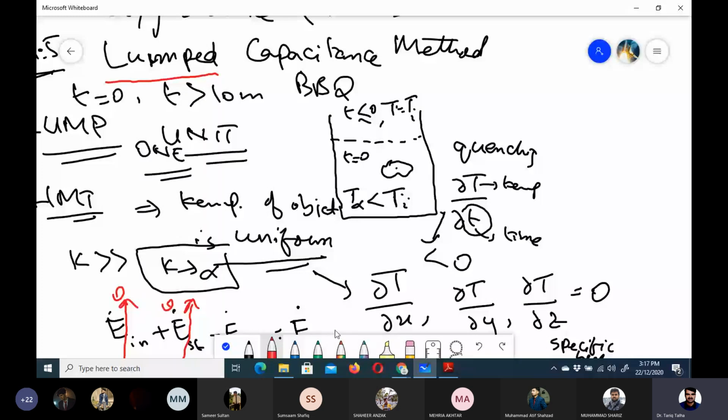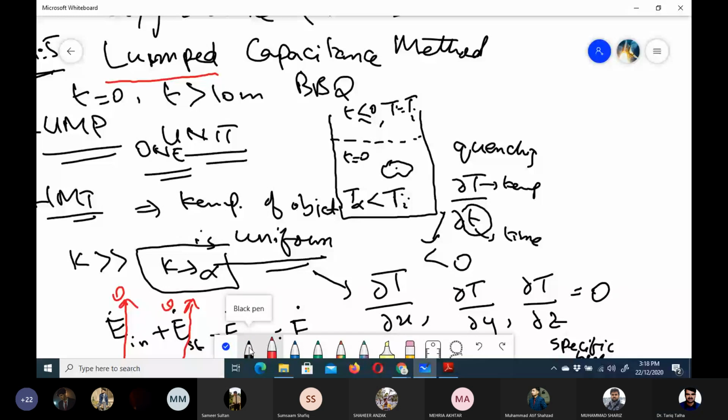So it means that partial T by partial X, partial T by partial Y, and partial T by partial Z are equal to 0. So temperature is only a function of time. That explains this lumped thing. But what is capacitance here? Now we need to define the thermal capacitance, because that is being used in this.